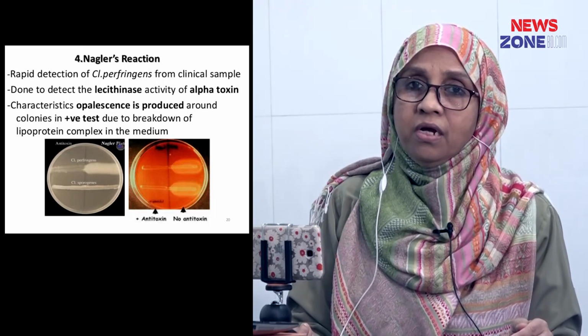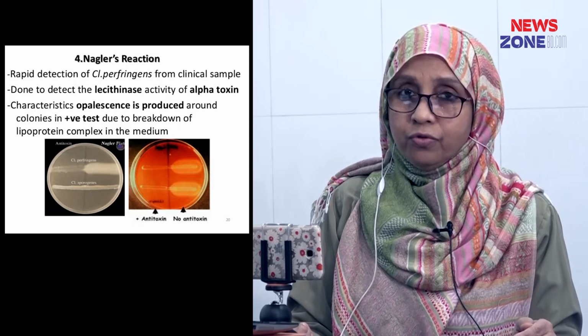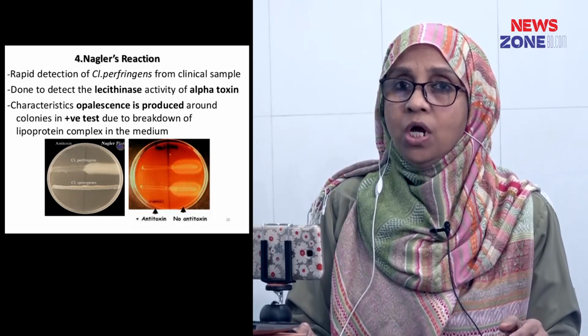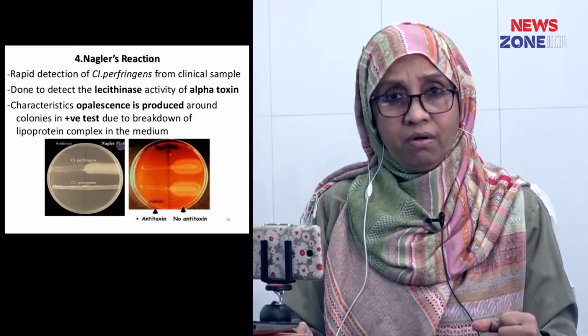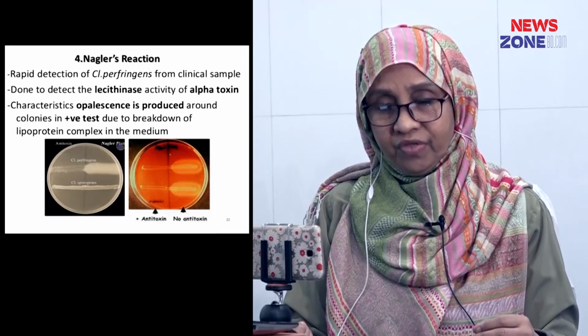At the part where we have used the antitoxin or antisera, it will neutralize the toxin if it is produced by the organism. The lecithinase effect will be neutralized there, giving a clear-cut picture of the presence of toxin. So this is how Nagler's reaction works.